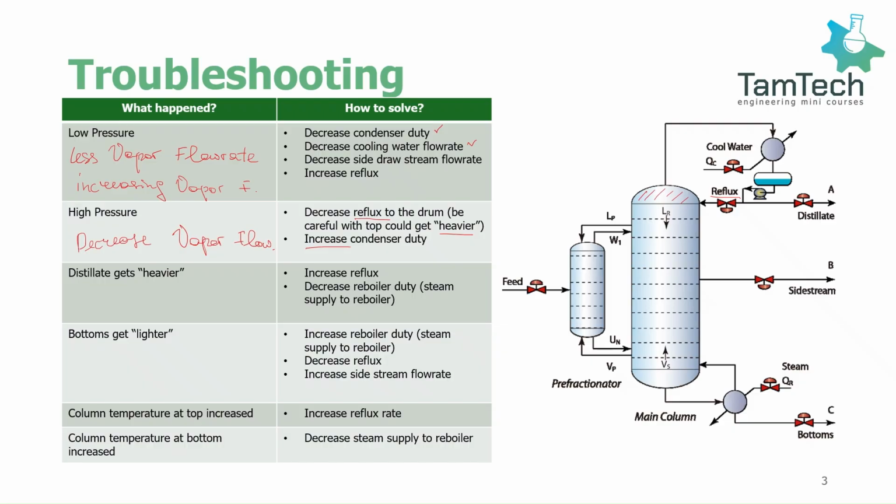And the third problem is about the distillate being heavier. So this is also correlated with the troubleshooting procedures mentioned earlier, and how we can solve it if the distillate gets heavier. Heavy vapor and distillate means that we do not have enough vapor liquid equilibrium in the top trays.